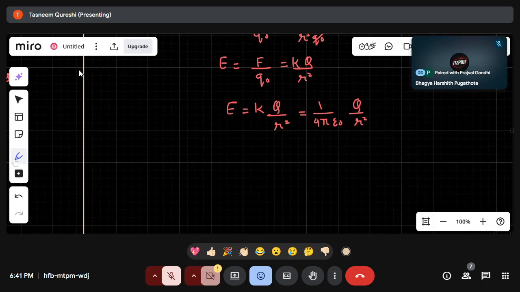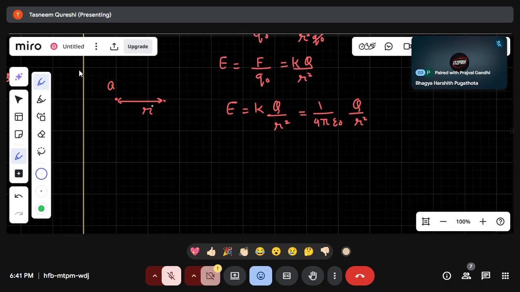If somebody asks you, you have a charge whose name is capital Q, what is going to be the electric field of this capital Q at a distance r? Say this is point P. I am just giving a name to this point P. If someone asks you what is the electric field at point P, you should tell that person it is going to be k Q divided by r square.